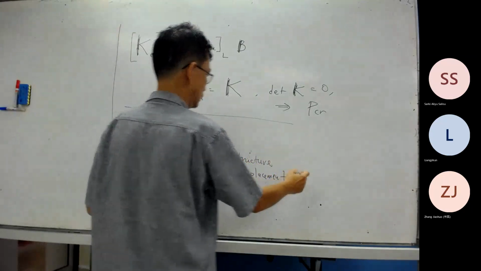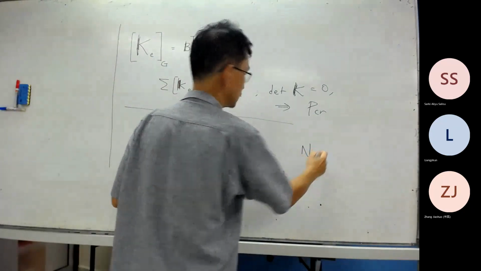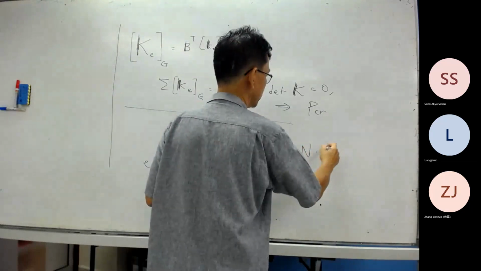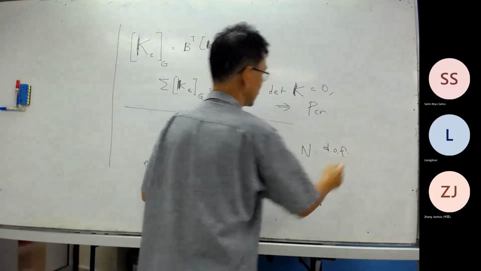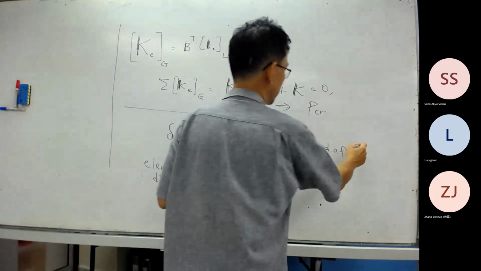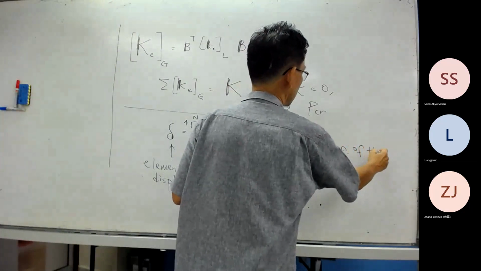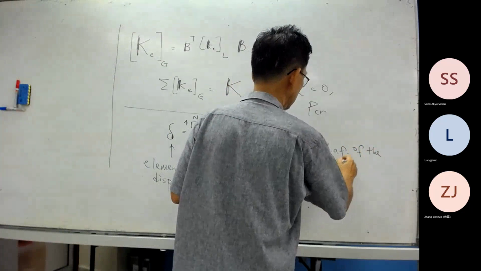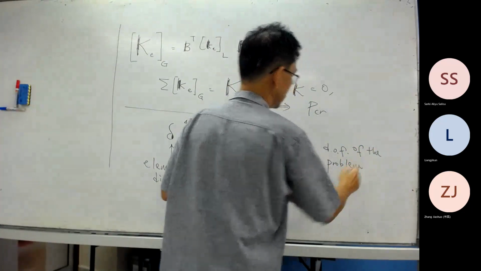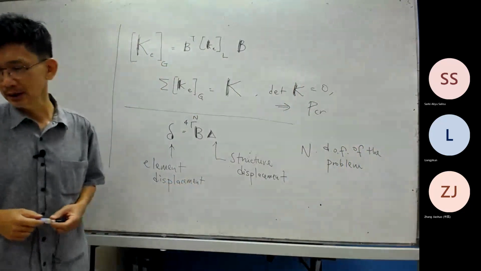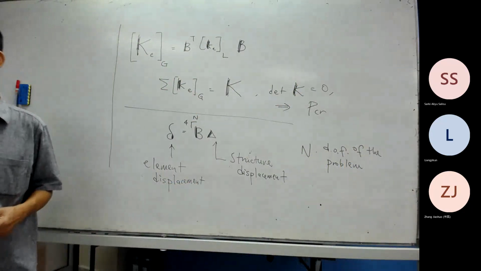So N here is the degrees of freedom, DOF, degrees of freedom of the problem. Which means how many non-zero displacements do you have?